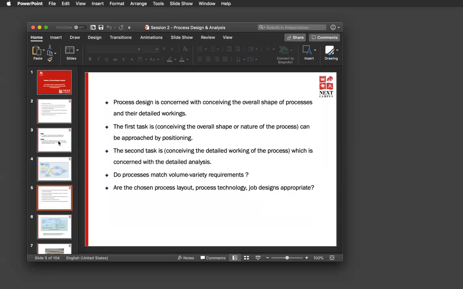Now, if the variety is high, then of course the type of people required to run the process would be different.